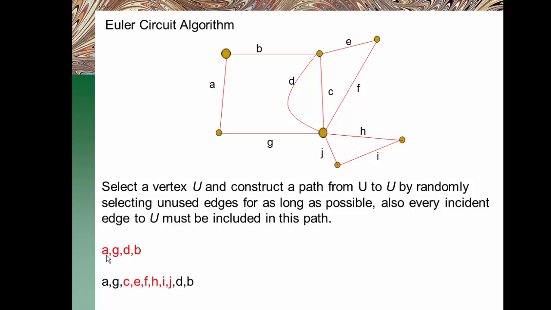Notice that the first path is AGDB. The second piece has to be added between the edges G and D. That's where the initial vertex of the second piece is located. Joining the two pieces, we now obtain an Euler circuit for this particular multigraph.